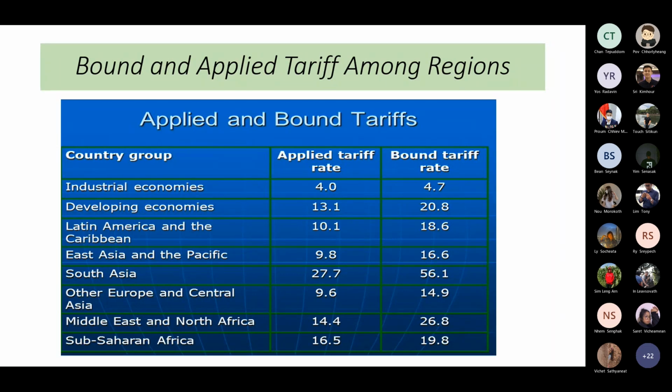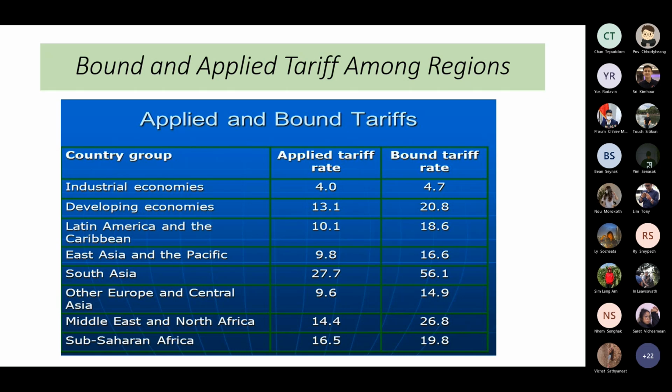And in South Asia, the tariff is always high because the members of South Asia are very trade restrictive. For example, India, you know quite well, RCEP was originally composed of 16 members: ASEAN 10 plus Australia, New Zealand, Japan, South Korea, China, and India. But unfortunately, in November 2019, India decided to unilaterally leave RCEP. So right now we have only 15 members for RCEP, which was signed on 15 November 2020.